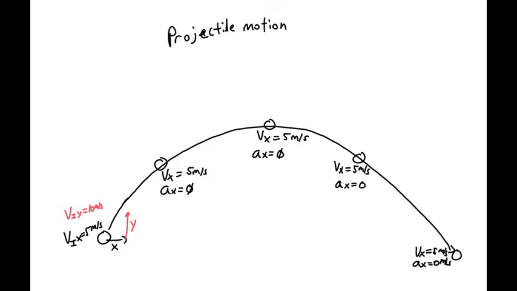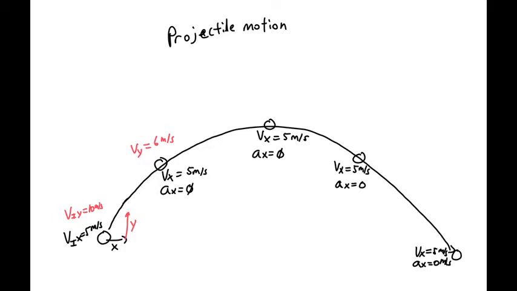Now, what's our velocity in the y direction here? Well, I can calculate it, but I just know that it will be less than 10. Do you know why it will be less than 10? Hopefully you'll figure that out in a second.